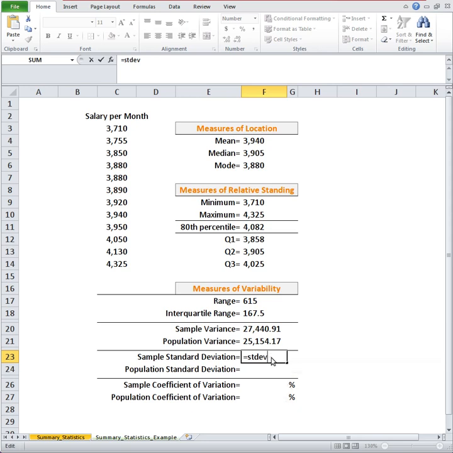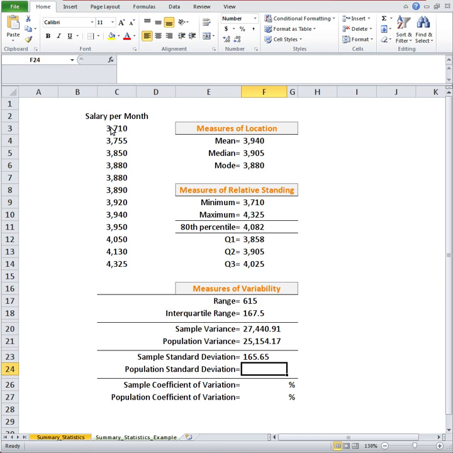So let me recap. We go STDEV and then dot S to say that we're in sample. Again, we open parentheses and then we highlight the data set, so from C3 to C14, close parentheses and then hit enter. That is giving us the square root of the sample variance.